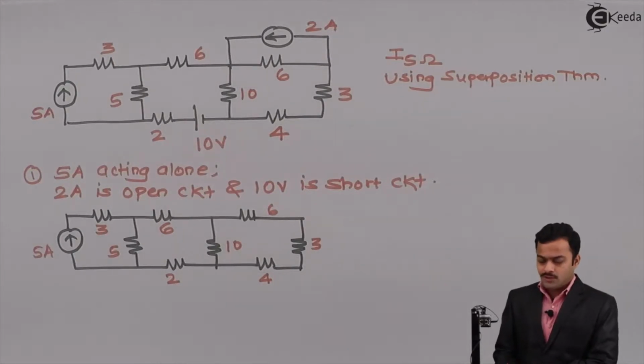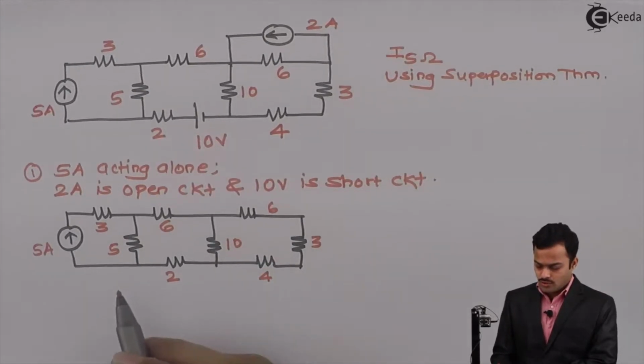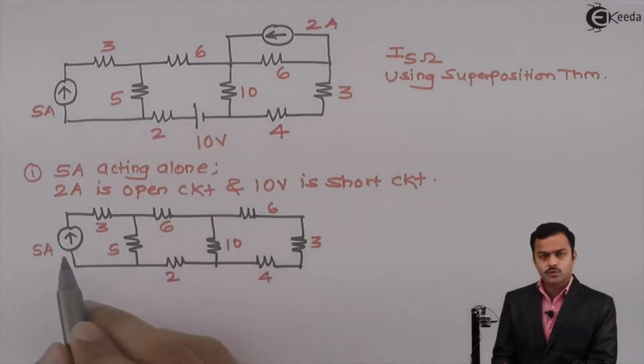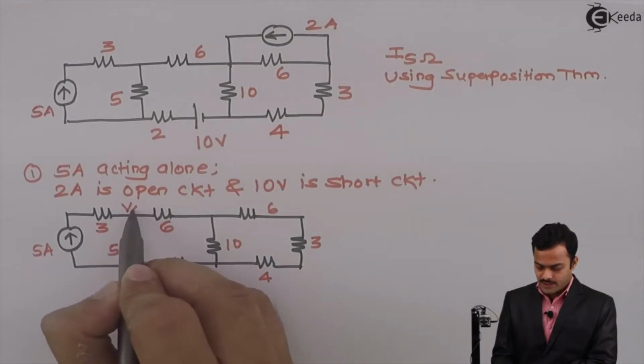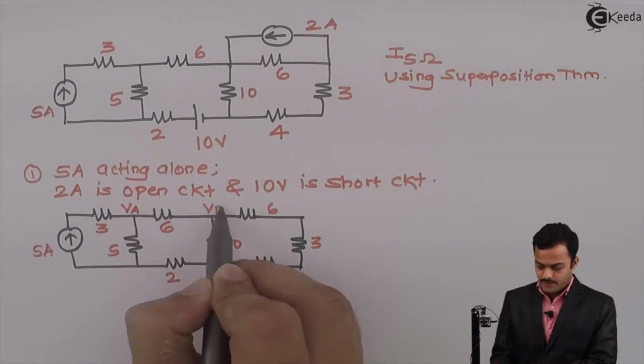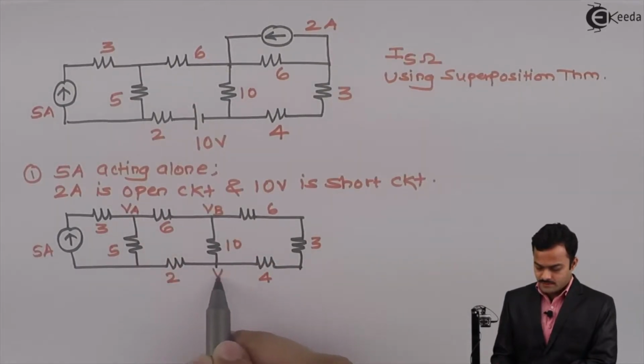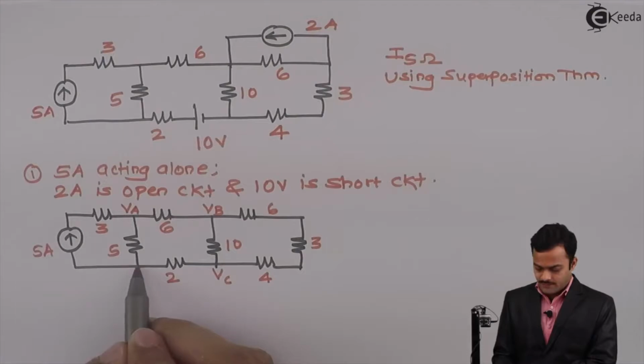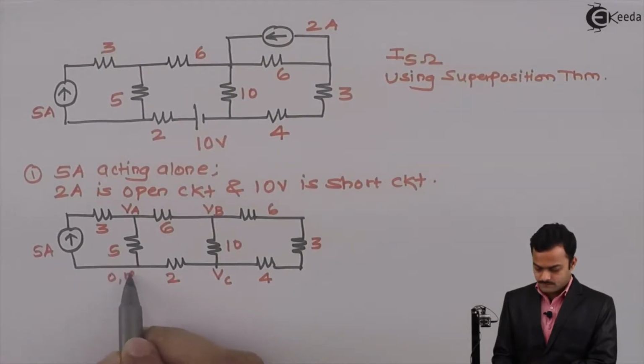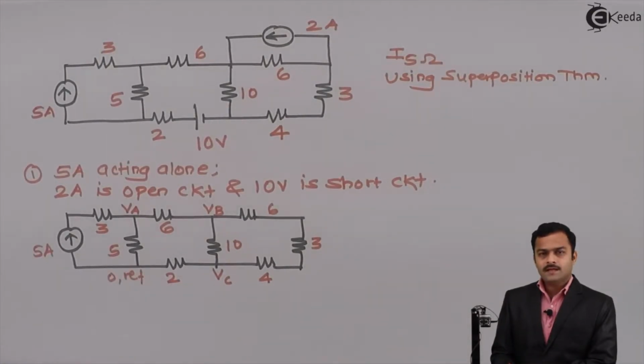Either you can go for a circuit reduction technique, or mesh analysis, or nodal analysis. I will prefer doing this problem by nodal analysis. So I will consider these active nodes having potentials VA, VB and VC with a reference over here. Let's mark all branch currents also.